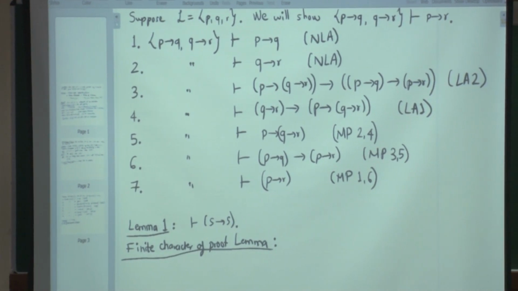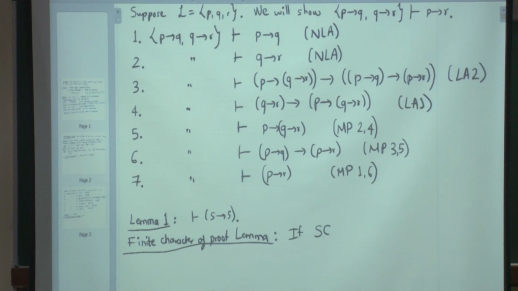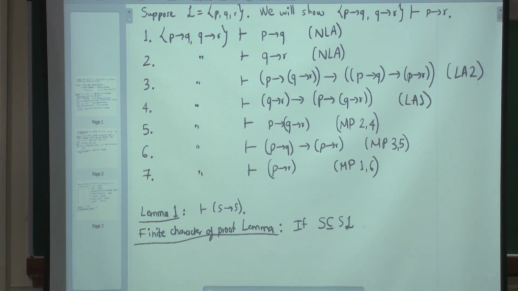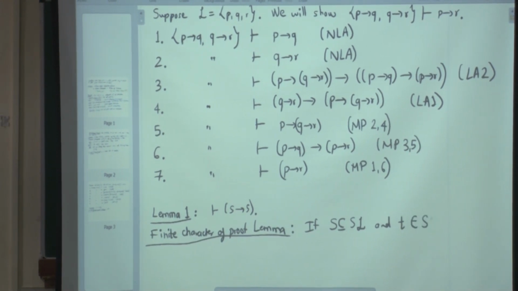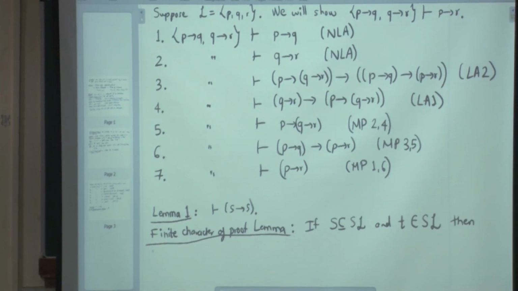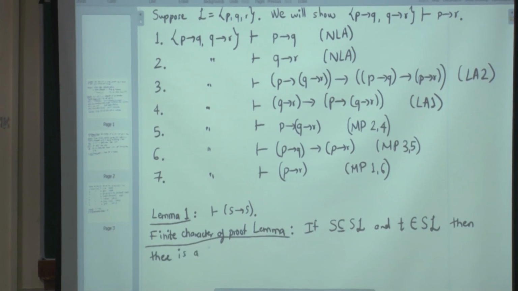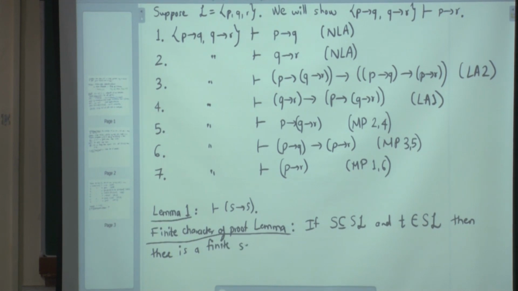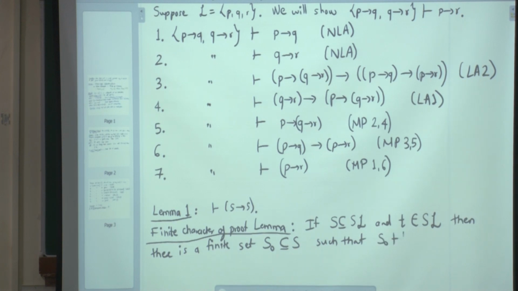It says that if S is a subset of SL and T is in SL, then there is a finite set S naught contained inside S such that S naught proves T. Can you tell me a proof of this statement? Finite character of proof.